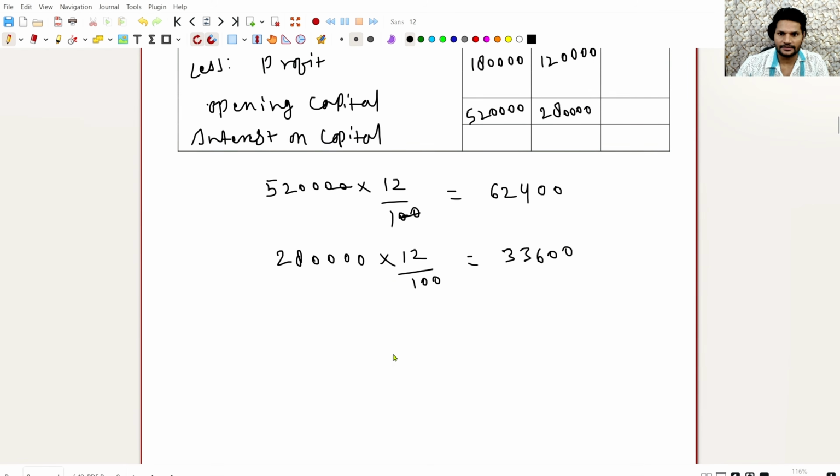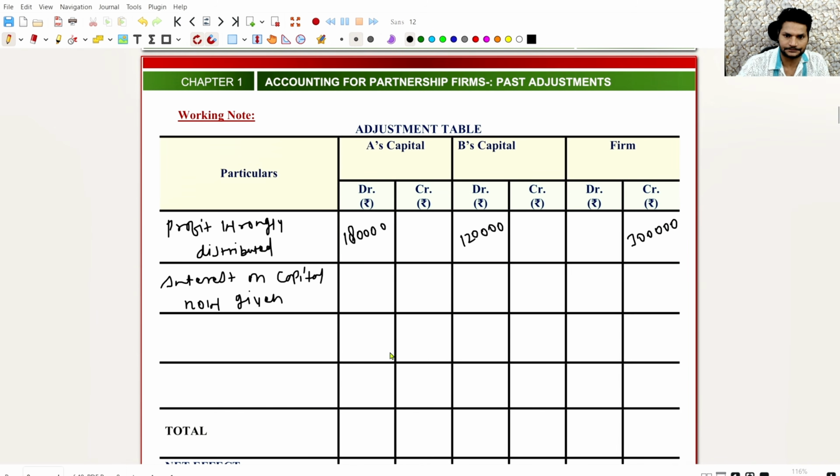So the value is 62,400 and 33,600. And what is the total value of this? It will be debited to the firm. Let's make it total. The total value is 96,000 that will be debited to firm account.